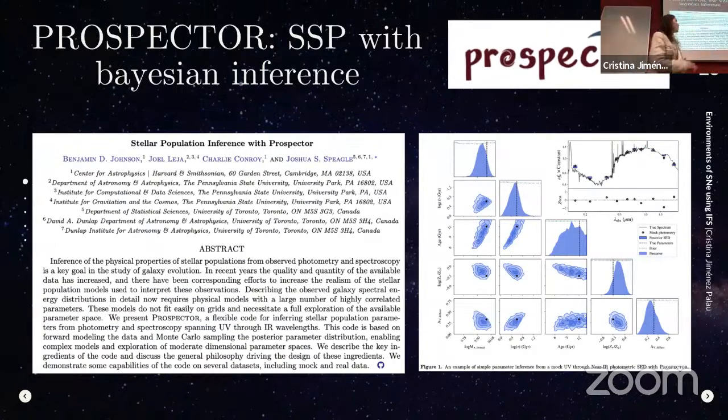So one step further would be using Prospector. Prospector is another spectral synthesis code, but instead of using templates as Starlight does, it's based on Bayesian inference. So you need to put in some initial values, but also some priors for your inputs, and then you obtain an output that looks like that in terms of the different variables.